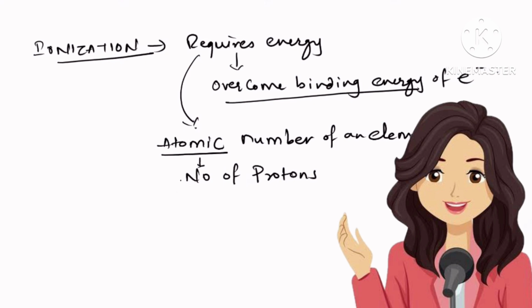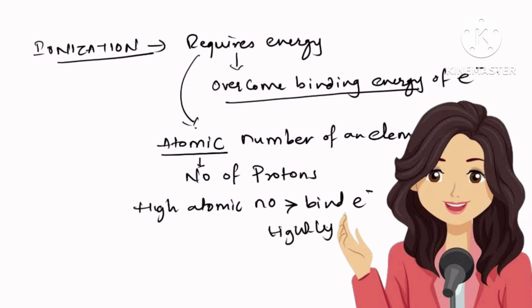So a high atomic number binds electrons tightly as compared to a low atomic number.